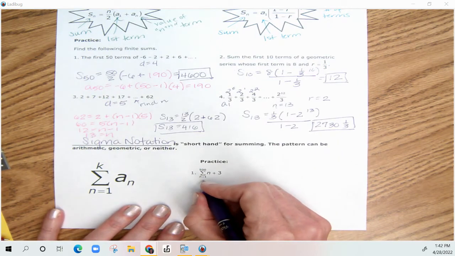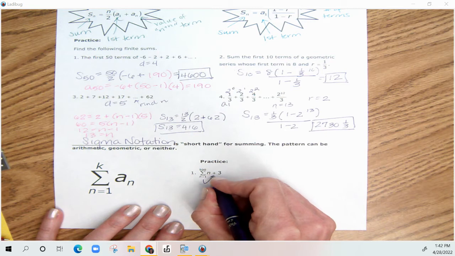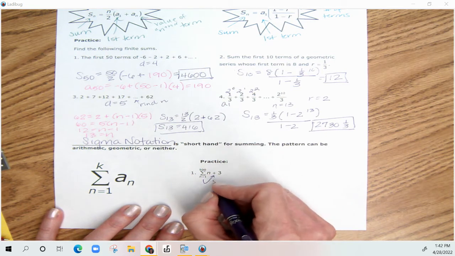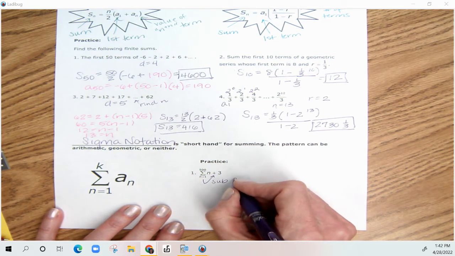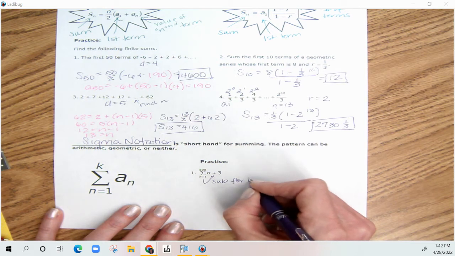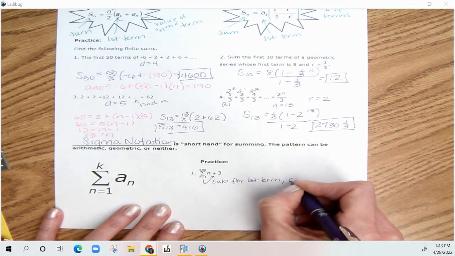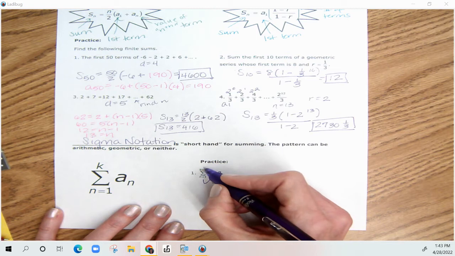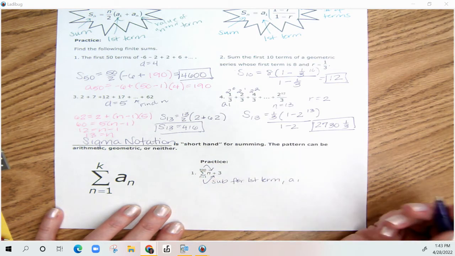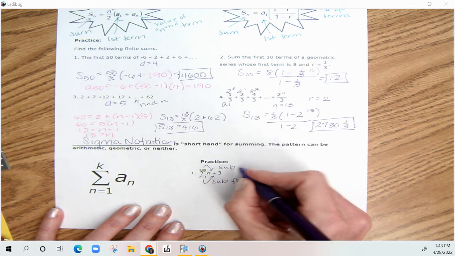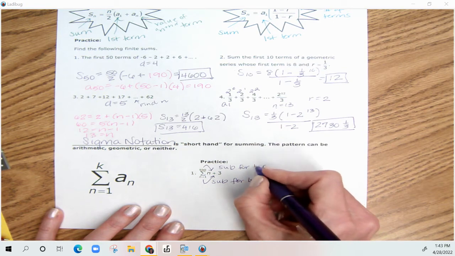Whatever number is below the sigma, you sub that in for the first term to get a sub 1. And whatever number is above the sigma, you sub for the last term, your a sub n.